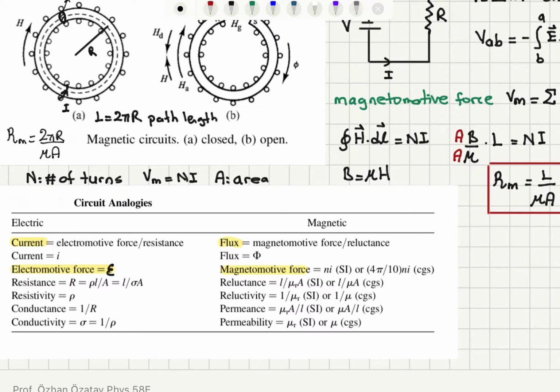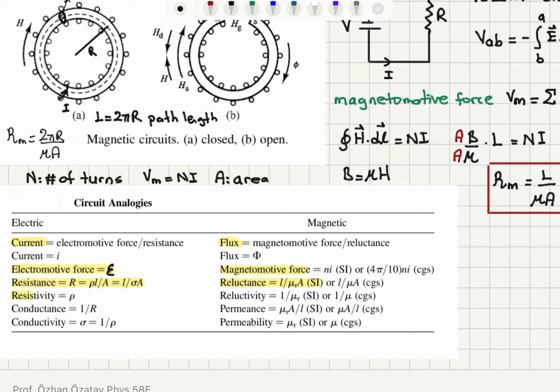Well, you can show this if you wish. The resistance, which is rho L over A in electrical circuits, or L over sigma A, is analogous to reluctance, L over mu R times A in SI units, with the relative permeability times A, or L over mu A in CGS units.